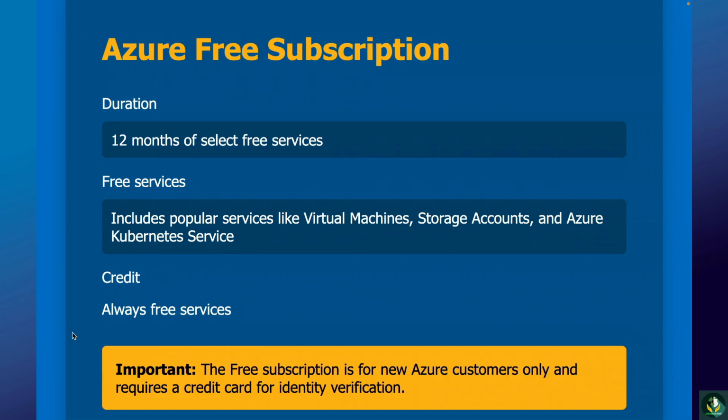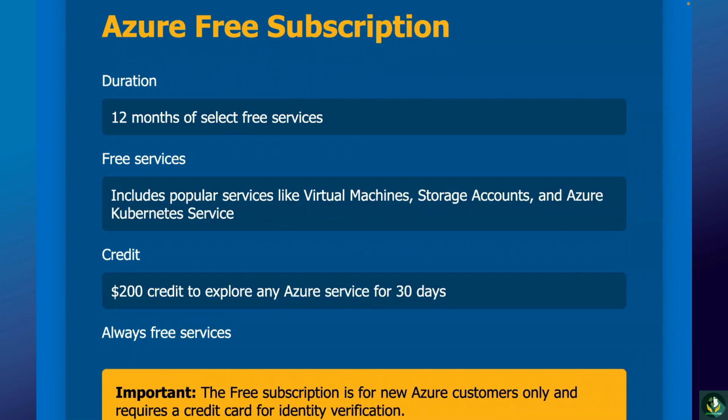It also provides a credit. New users receive $200 in Azure credits, and this credit can be used to explore any Azure service for 30 days. Please note that this credit is available only for 30 days, not 12 months, but 30 days.